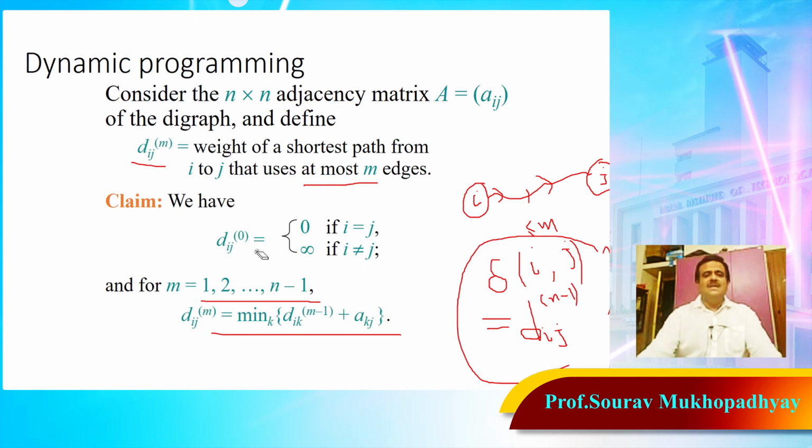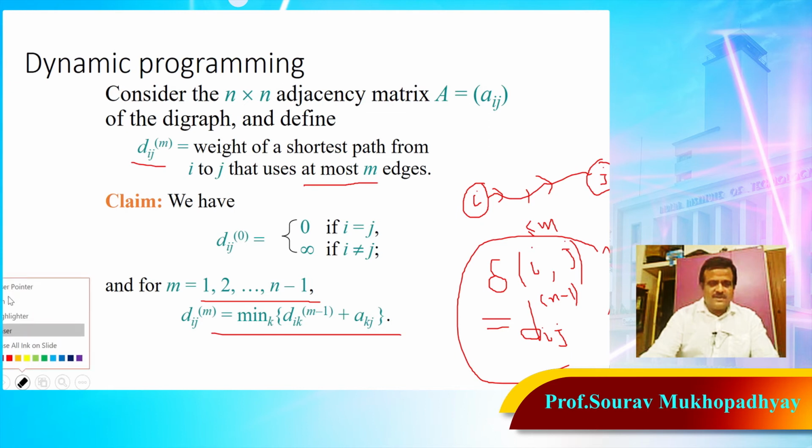So this is the initial value of d_ij, and for other values we will use this formula. d_ij^(m) is the minimum over k of d_ik^(m-1) plus a_kj. Where is the A matrix? This is the adjacency matrix, and a_ij is basically the weight of that edge.